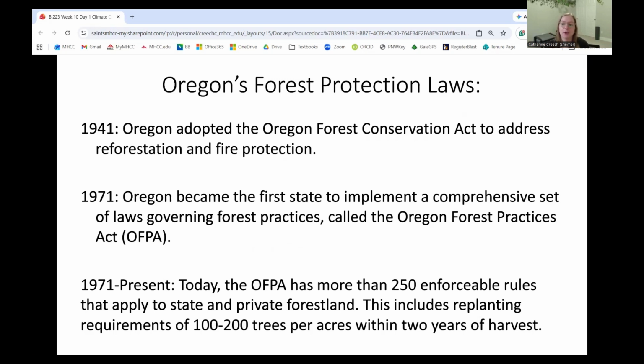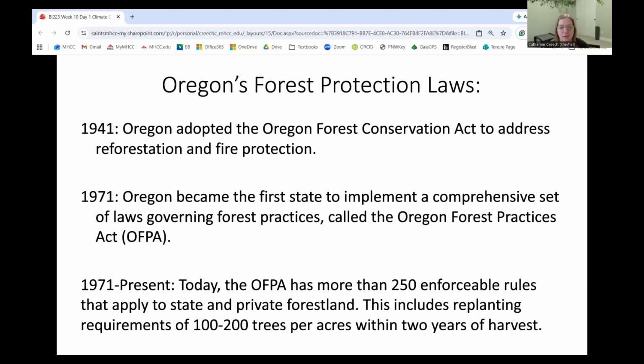It was called the Oregon Forest Practices Act, so the OFPA. Since 1971, the OFPA has had more than 250 enforceable rules, and that applies to both state and private land, but there are separate rules for federal land. So private and state are under this guideline.